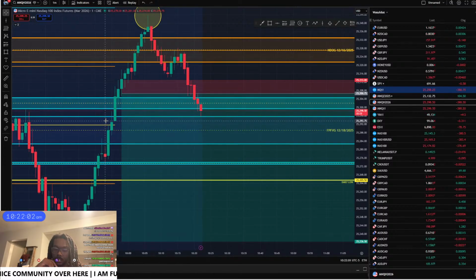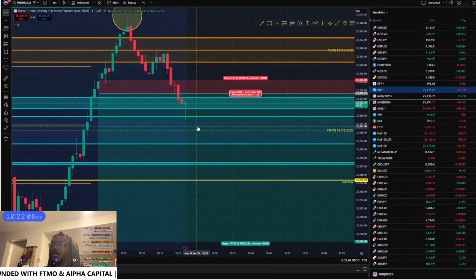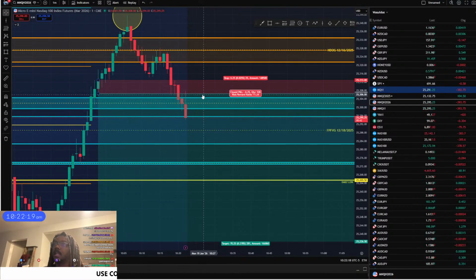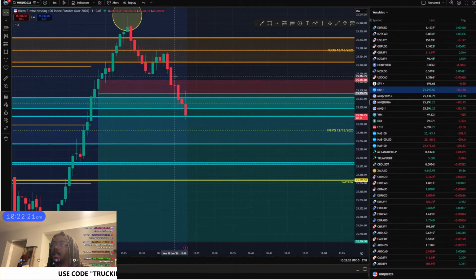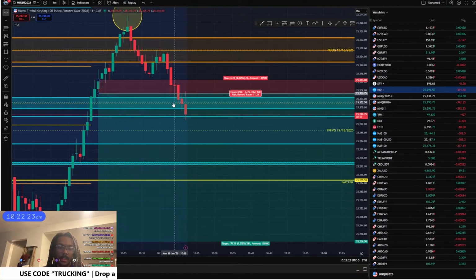We need to see a real strong continuation. I'm getting ready to move my stops into profits. Oh my gosh, as soon as I said something. All right, I haven't moved my stops yet, but I should have been able to move my stop to here and we should be protected. I just don't want to move them too fast. I want to see how far I can ride this down.